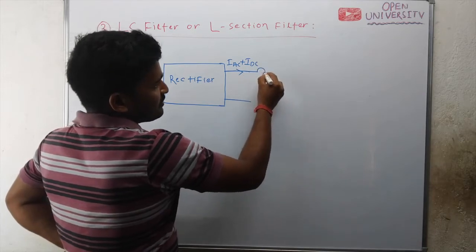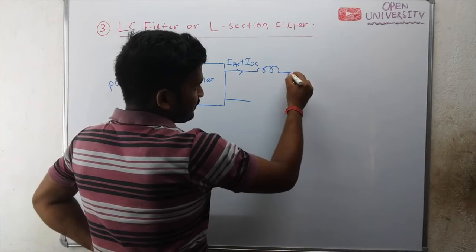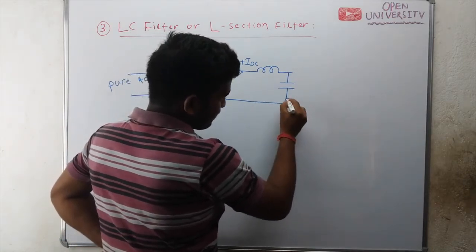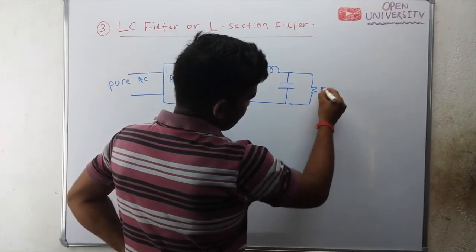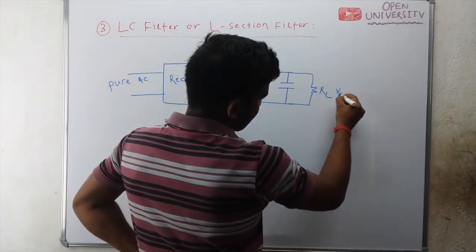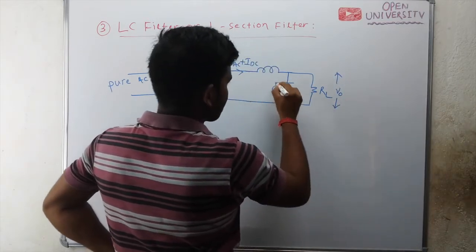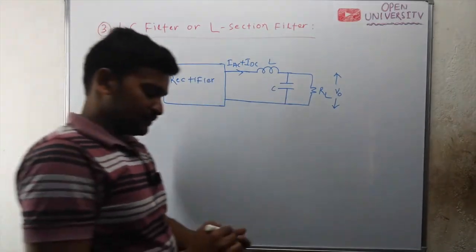This LC filter consists of an inductor like this and a capacitor like this. This is your RL, this is your output voltage, this is your capacitor, and this is your inductor. This is your LC filter.